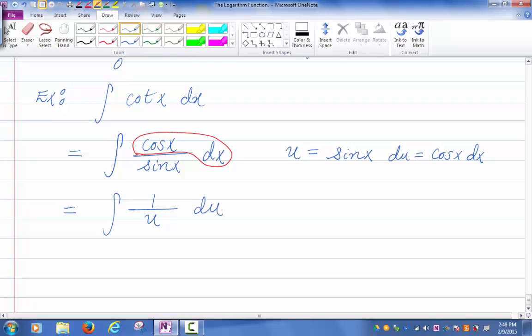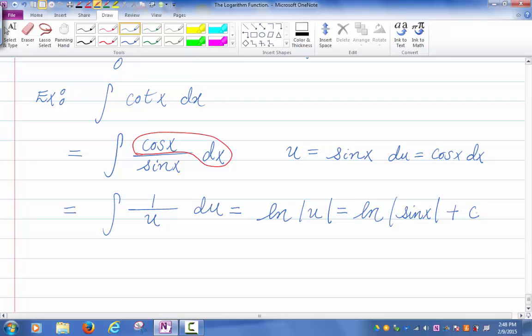But what's the integral of 1 over u? ln of absolute value of u, right? At the end, and now what is u? u is sine x, and add a c at the end.